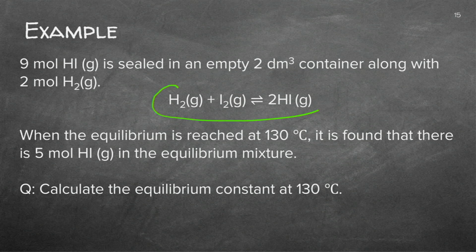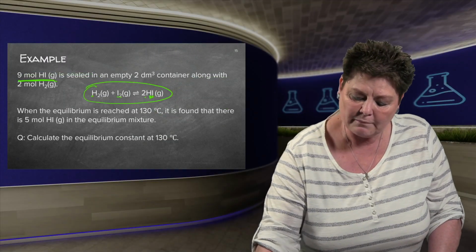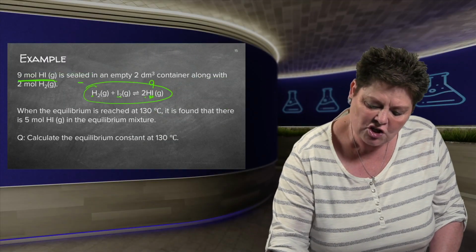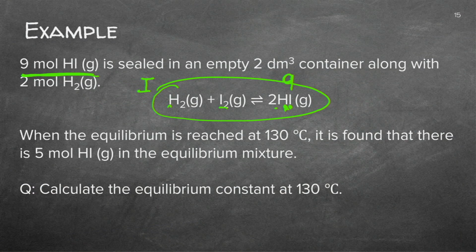Same equation. Hydrogen and iodine forming hydrogen iodide. So I've got 9 moles, and read very carefully, of this. It's the product. I'm starting with a product. I'm starting the initial with 9 of this. It's a 2 cubic decimeter container.